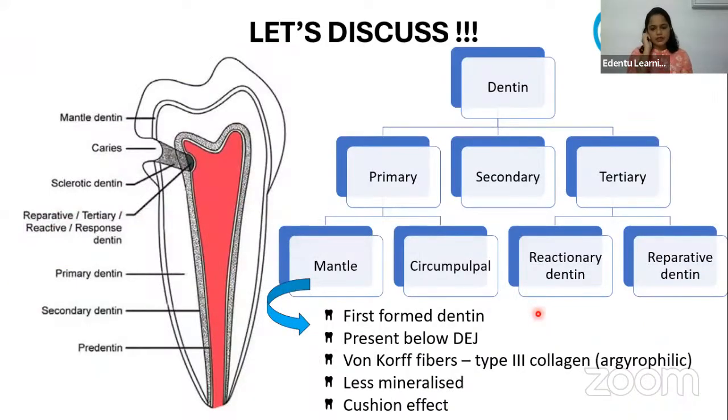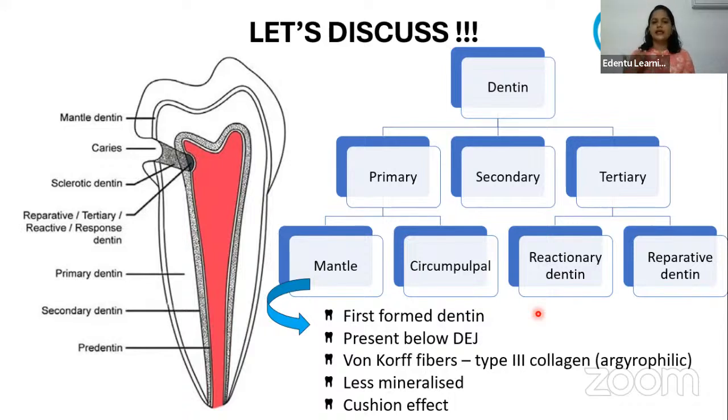Next, we will talk about mantle dentine. There was another option called the mantle dentine, so let's see what it is. Dentine can generally be divided into primary, secondary, and tertiary dentine. The dentine formed before root completion is called the primary dentine, whereas the dentine formed after root completion is called the secondary dentine.